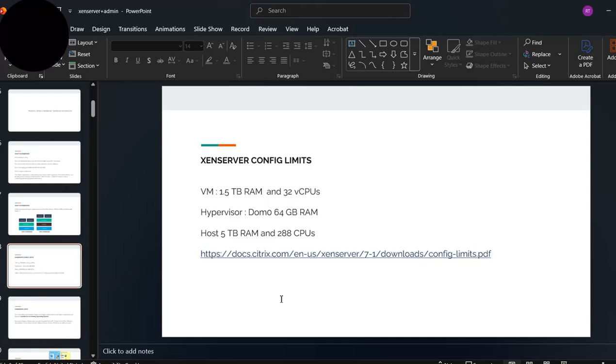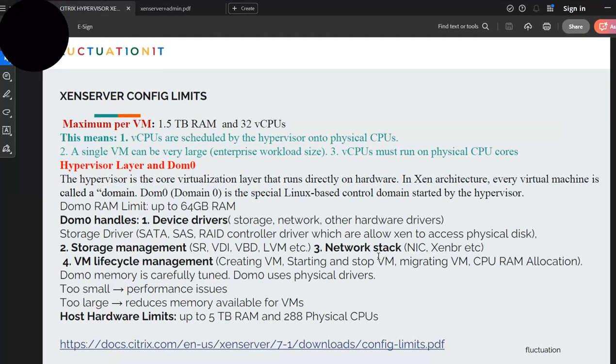XenServer configuration has a few limitations. Per XenServer VM, 1.5 terabytes of RAM and a maximum of 32 virtual CPUs are supported. If we install a VM, you should never go over this configuration. Virtual CPUs are scheduled by the hypervisor onto the physical CPUs.